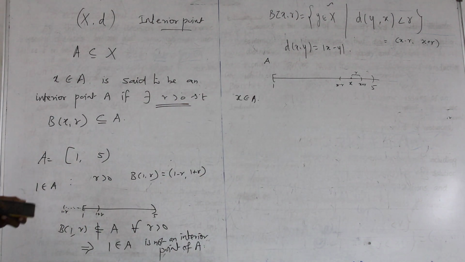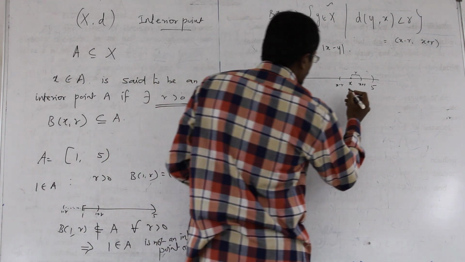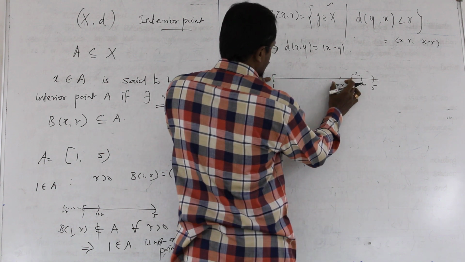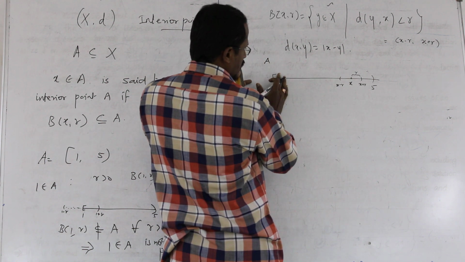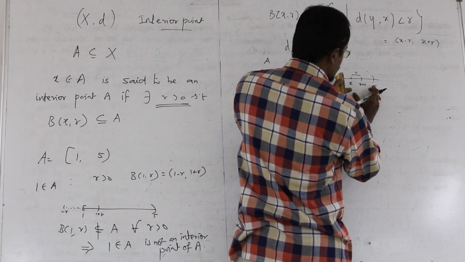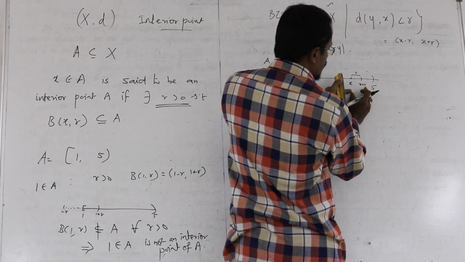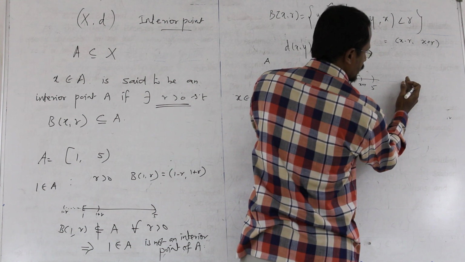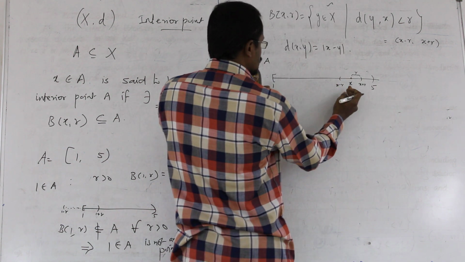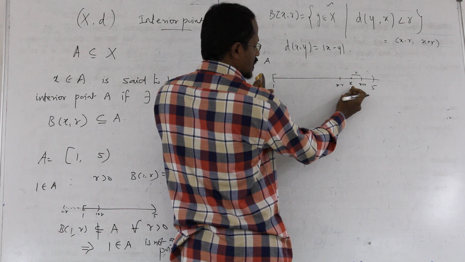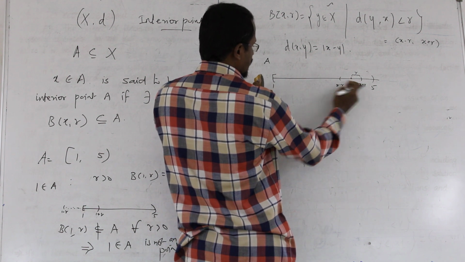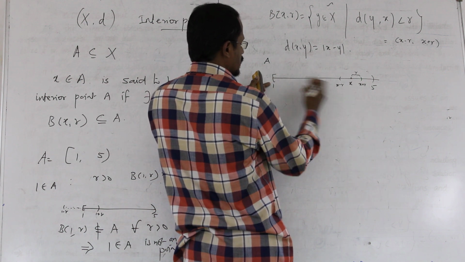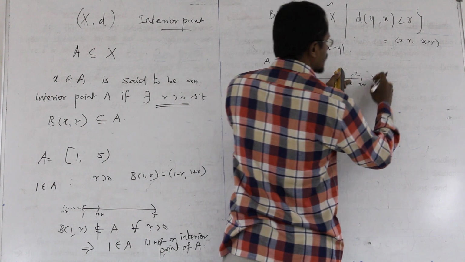How to choose this r? The idea is to take this distance and this distance, and choose the smaller one. If you choose a radius larger than the distance to 5, the interval will cross 5. Choosing x minus 1 as the radius, the left side is no problem, but the right side will cross 5.